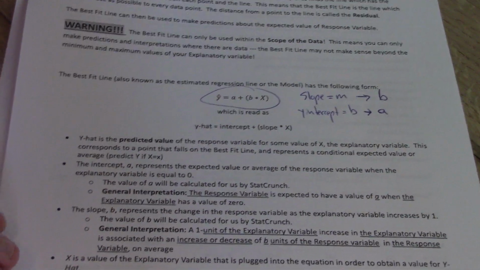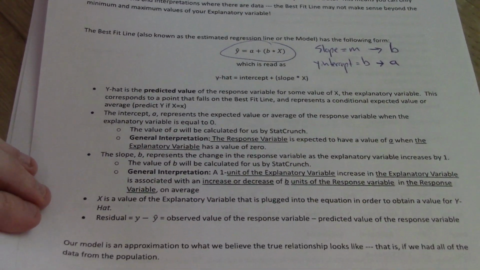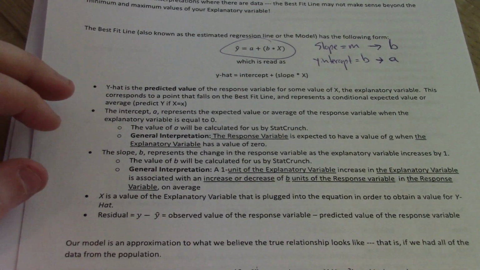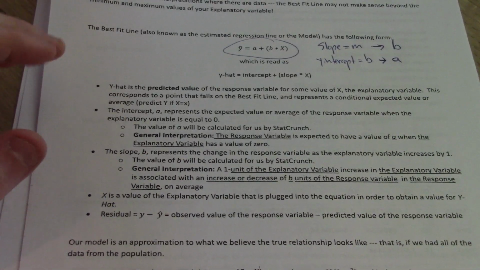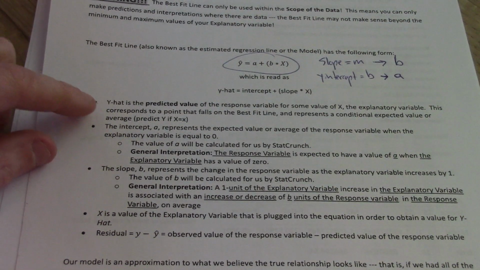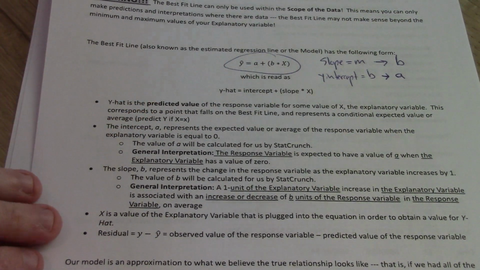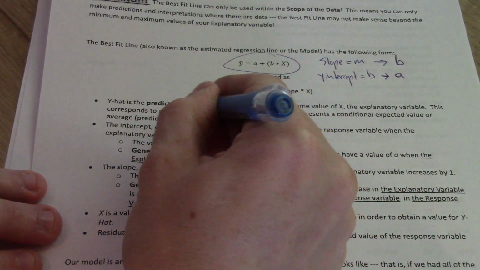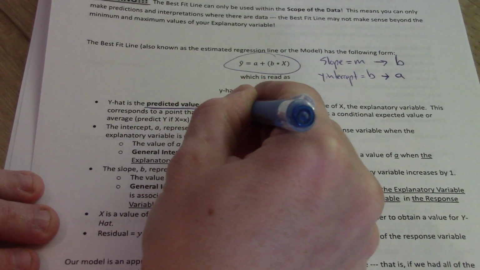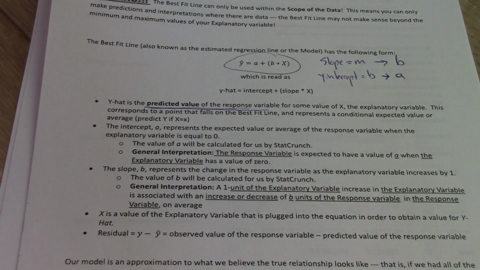So we can go over what these components are, and I'll go over them kind of briefly so you can read them and think about them. So again, y hat, this is a predicted value of the response.